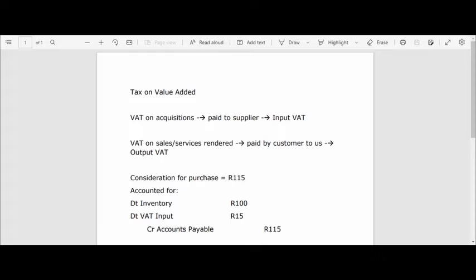Something like entertainment cost. Remember, we spoke about entertainment cost the other day, including staff refreshments, because it can be abused. It's easily abused. So if you are the owner of a business, if you are able to claim your input tax on entertainment and groceries and staff welfare, such as lunches, then you might be tempted to buy your own household goods through the business and claim the value added tax back, right?